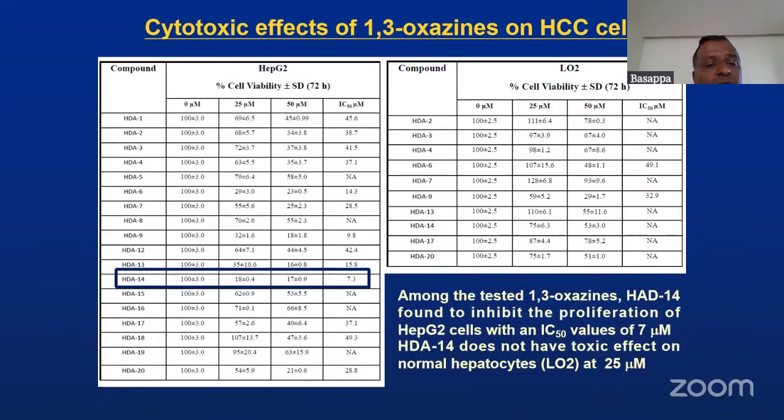You can see the raw data which we have presented over here, where almost around 20 compounds were tested. HDF14 was found to be the lead structure, whose IC50 was found to be 7.3 micromolar.